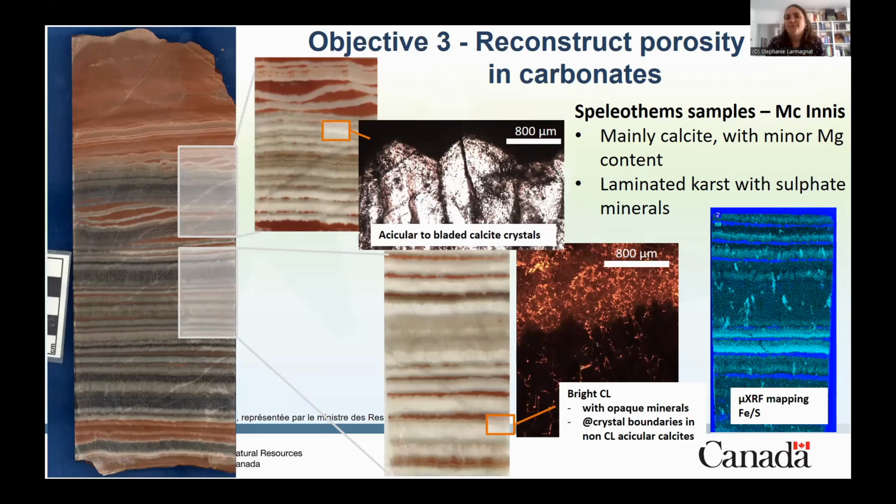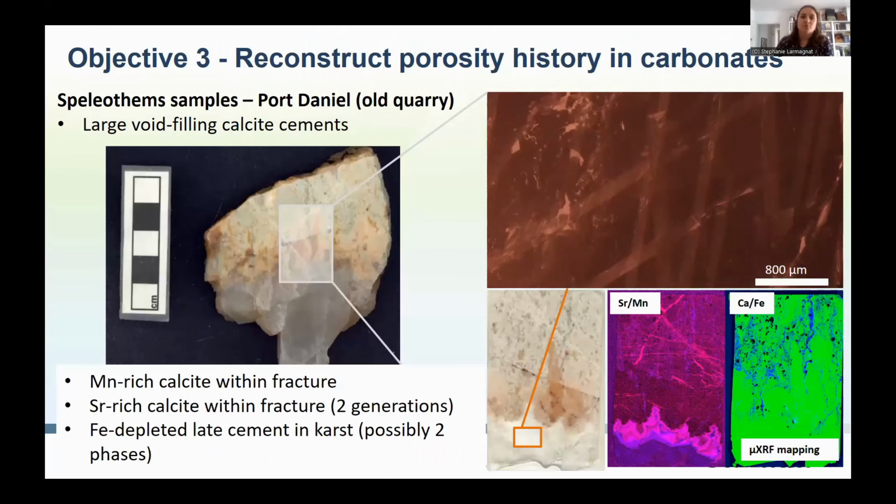So we use those samples to document the different phases of calcite cementation that occur in these Silurian carbonates. At the moment, we have the conventional petrography done, the CL petrography as well, and micro XRF mapping. And it was done for samples from both quarries.